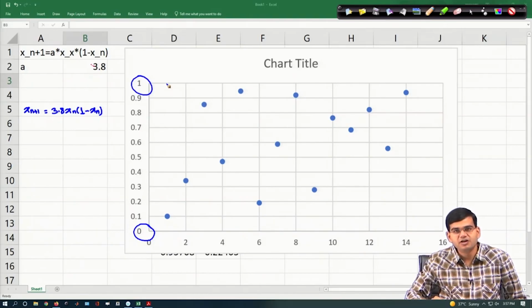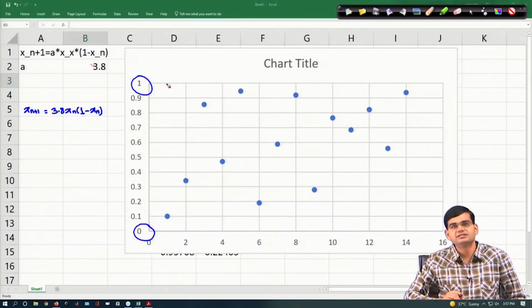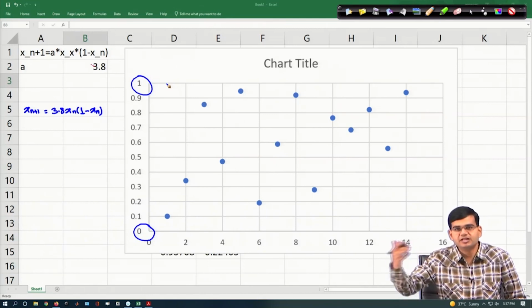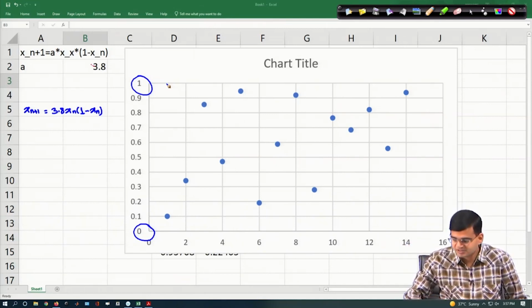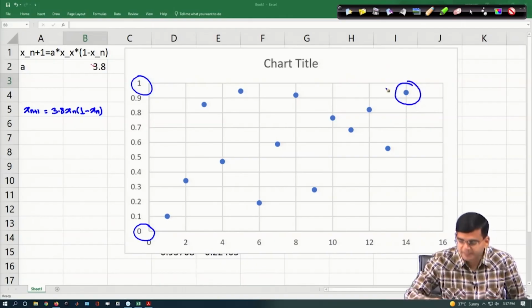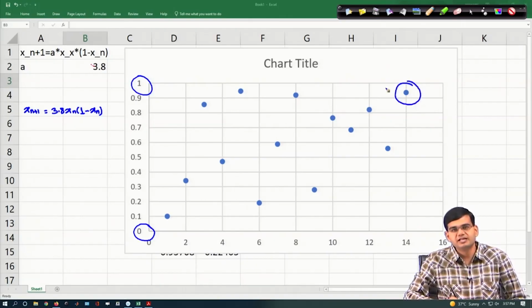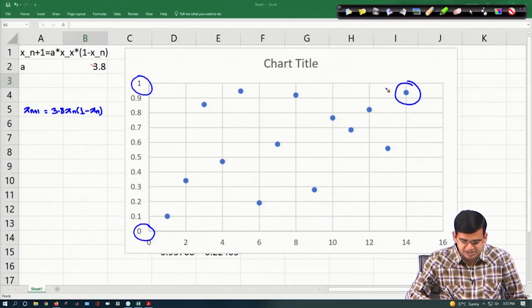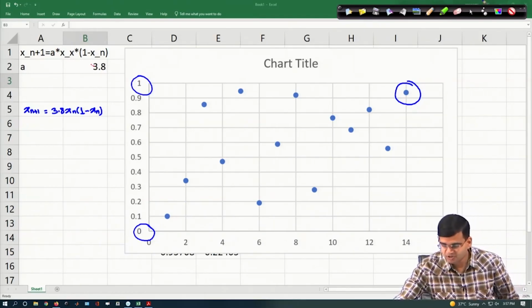So, therefore, you have perfectly random points, and what is interesting is that we will be interested in knowing the ultimate fate of the system, and ultimate fate of the system would be given by the last point, right. So, let me change the initial value by a small number.